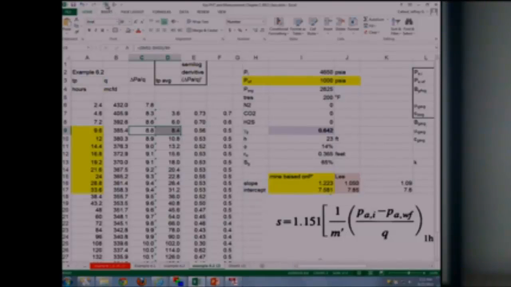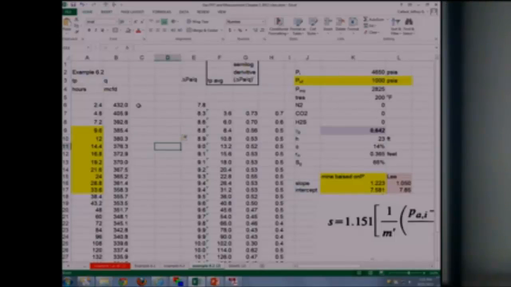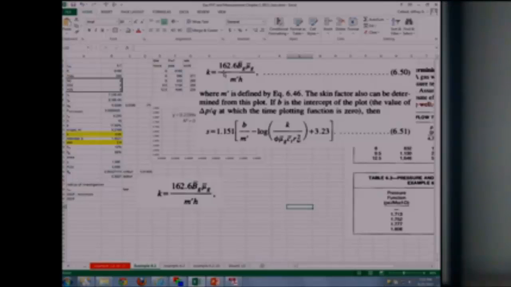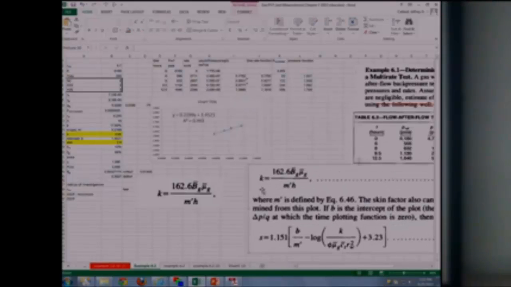And I'm going to insert some columns here. And you might remember in 6.1 we used superposition. Okay, we have a rate time function. Remember super radial? That when the rates change and the pressures change, we can use the rate time data and then the actual pressure, although we use pseudo pressure.